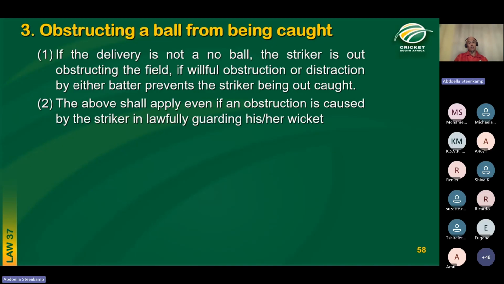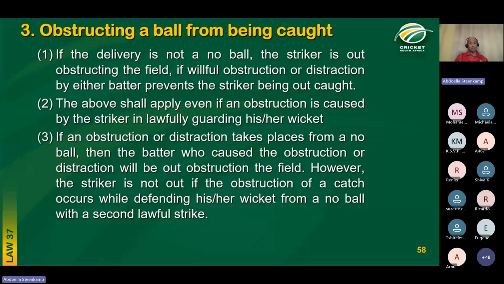The above shall apply even if an obstruction is caused by the striker in lawfully guarding his or her wicket. If the striker prevents a catch from being taken by the keeper, the striker is to be given out obstructing the field if it's not a no ball.